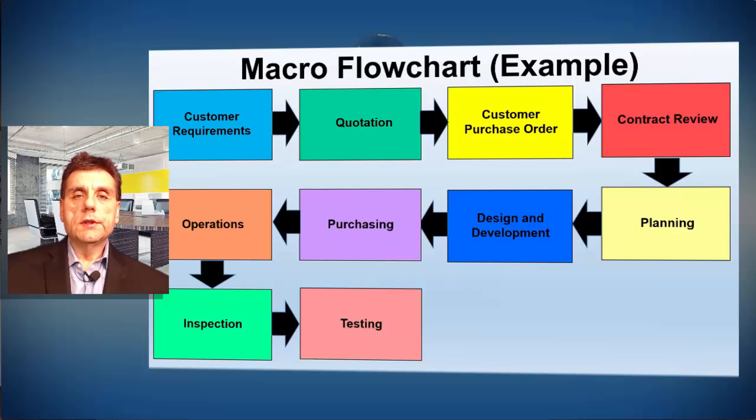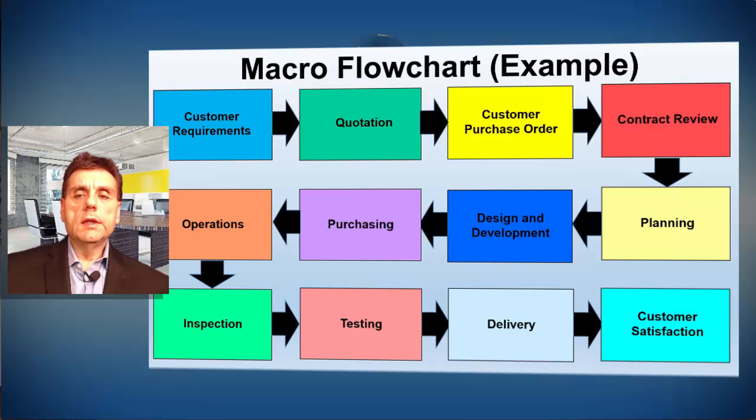Then we could do the testing to make sure that the product we're going to deliver to our customer meets the functional requirements, then we could do delivery. We could ship it to our customer or use any delivery method that is contractually obligated, even on the purchase order or in our mutual agreement with the customer. And definitely the final step would be customer satisfaction in our main business flow.